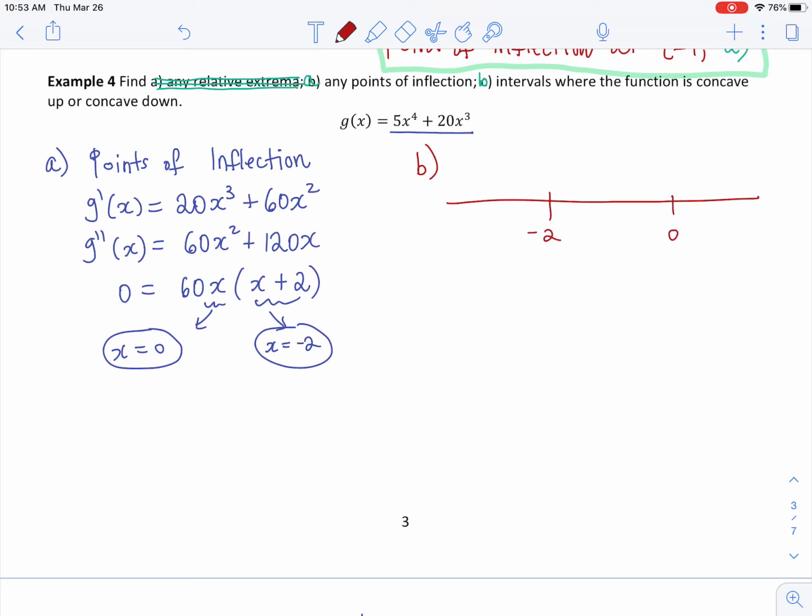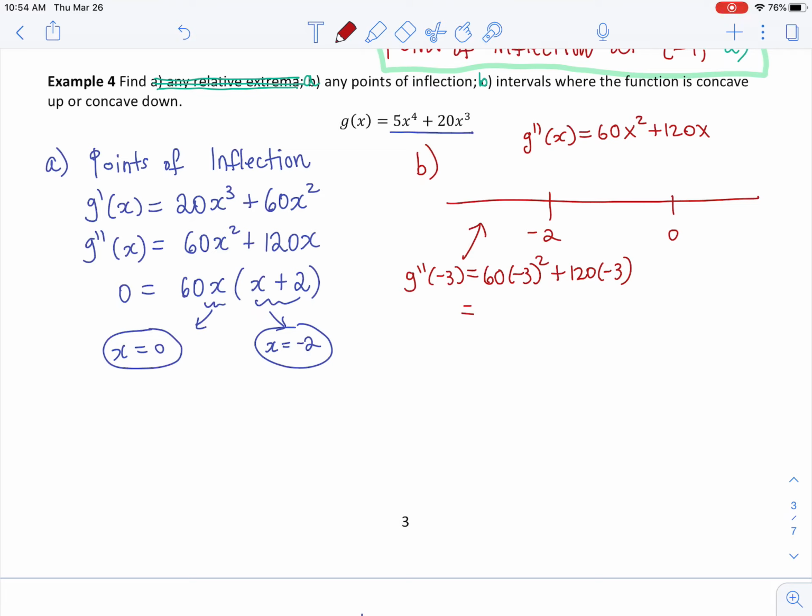On a number line, -2 is here, 0 is right here, and for your second derivative function, I keep saying f, but this one is g. g double prime is 60x squared plus 120x. So let's plug in something to the left of -2. What is g double prime of -3? That's going to be 60 times -3 squared plus 120 times -3.